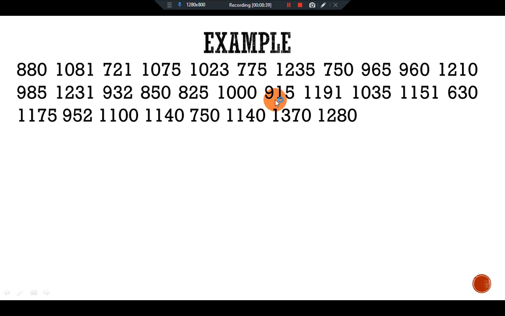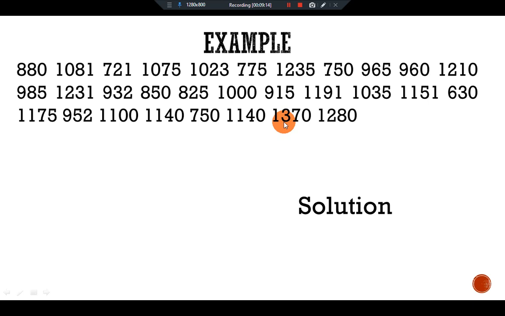Or is there any value which is less than 750? Here I think 630 is also available. Where is 630? This is 630. So our stems are starting from 6, 7, 8, 9, 10, 11, 12 and 13, because the highest stem here is 13.